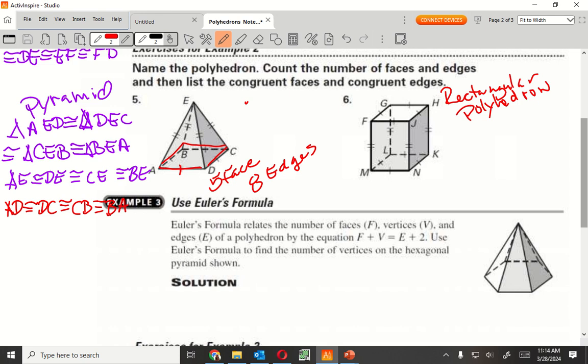So we have the different faces. So FJ, JN, M, GFML, HGLK, JJHKN.